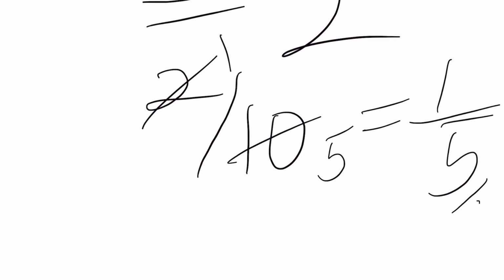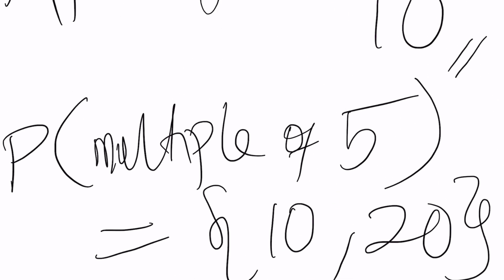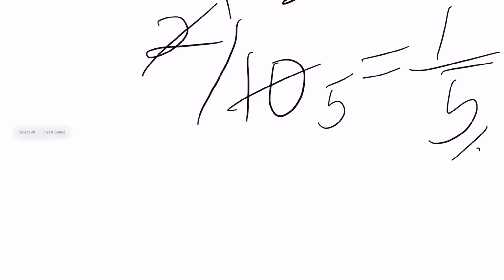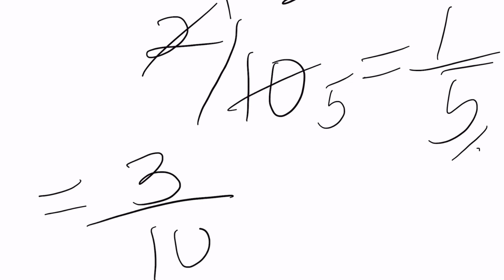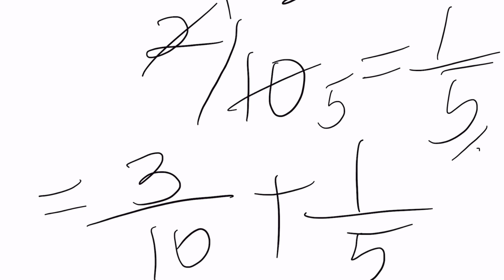Now, for either a factor of 18 or a multiple of 5, which is either of the two, we add both together. We now have 3/10 plus 1/5.